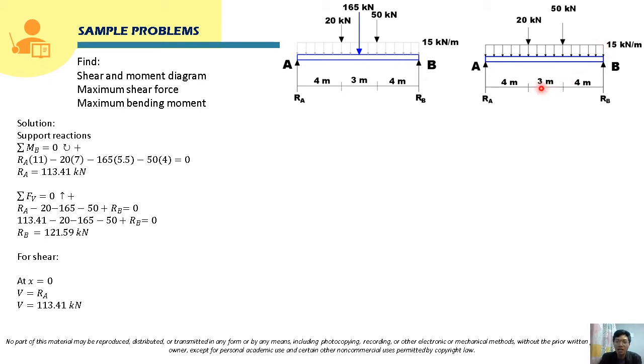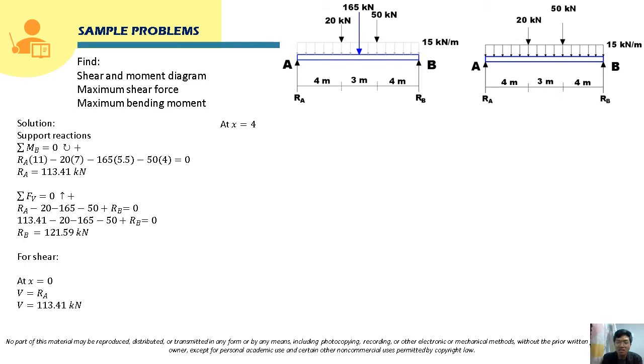Okay, so again, class, we are now going to proceed to this point, which is at x equal to 4 meters. At this point, the shear will just be the previous shear, and then we sum this up to the area under the distributed loading here.